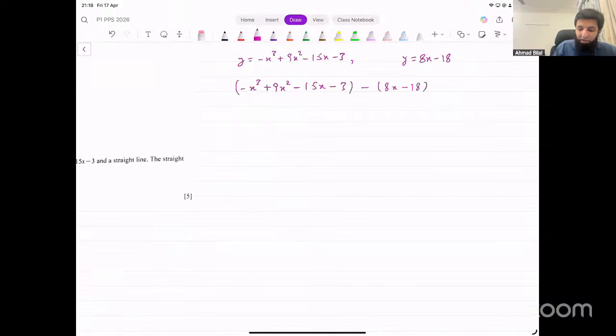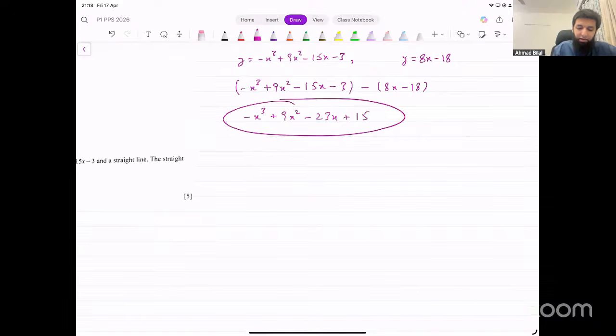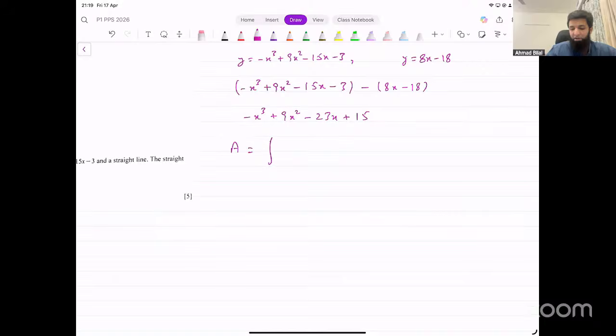That gives you minus x cubed plus 9x squared minus 15x minus 8x, which is minus 23x, minus 3 plus 18, which is plus 15. That's what the difference turns out to be. Now you just integrate this with limits from 3 to 5, and that will give you that shaded area directly. Okay? You can do it separately as well. Only do this if you're sure that you're doing it right. Why can we do it here?